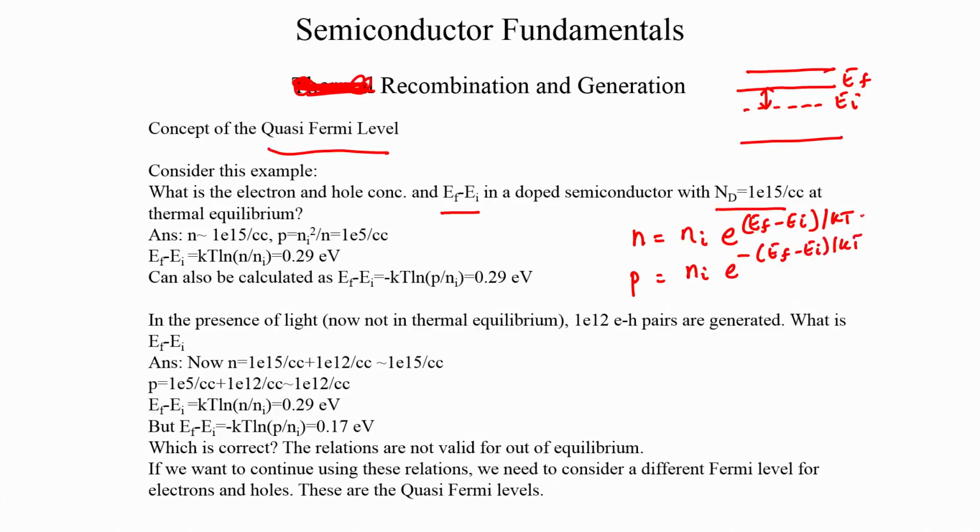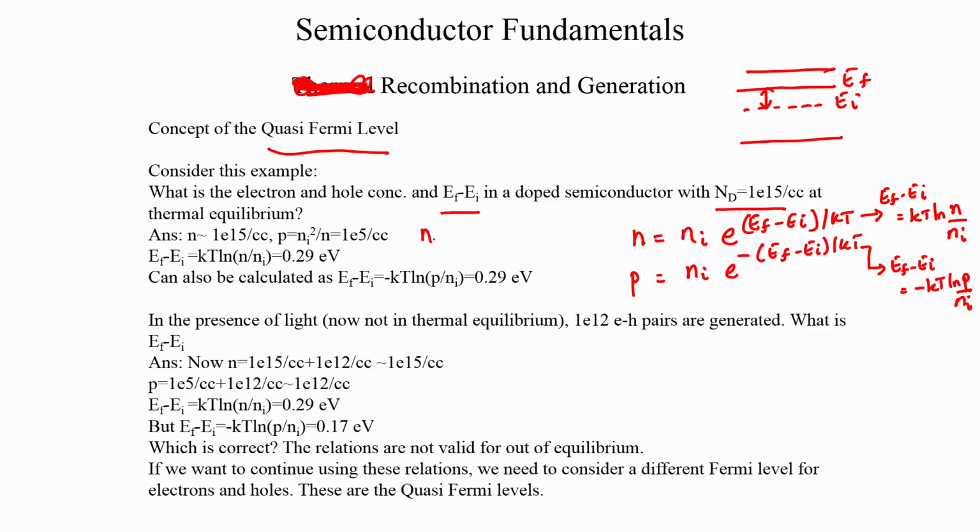Therefore, if I use this approach, my Ef minus Ei is equal to kT ln n by Ni, and if I use this approach, my Ef minus Ei is equal to minus kT ln P by Ni. So, let us see what both these approaches give you.